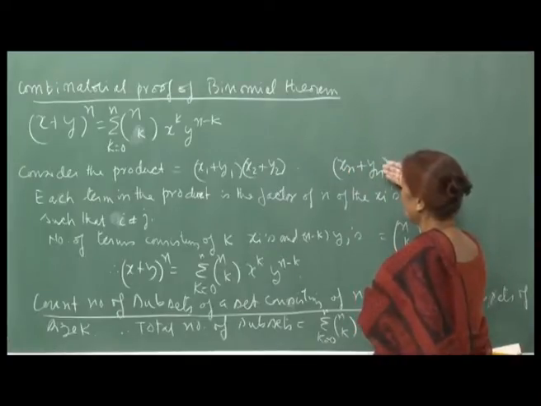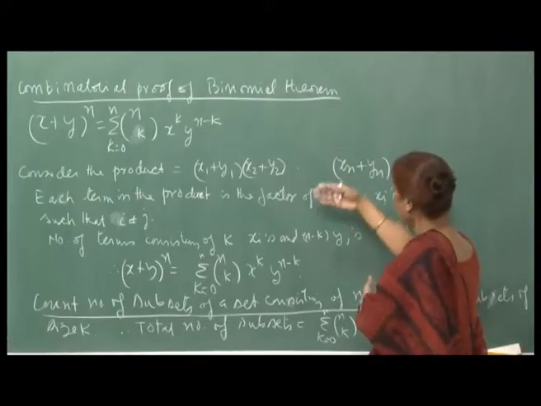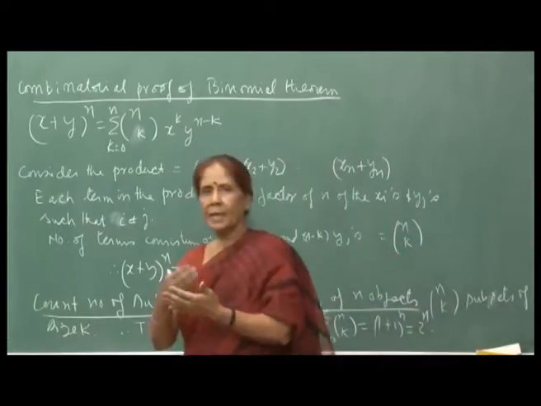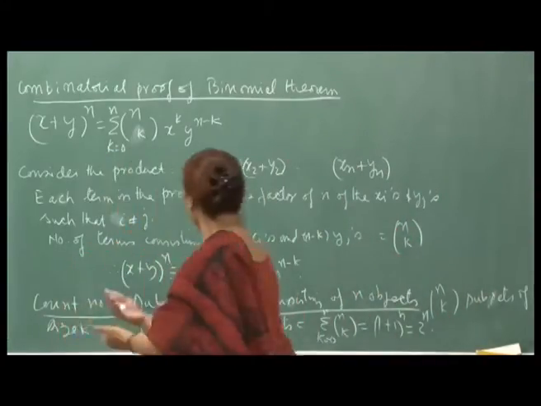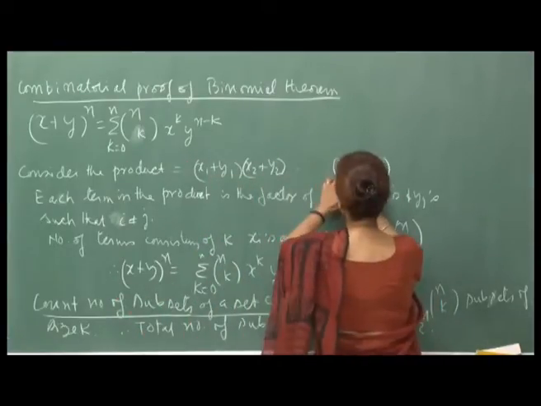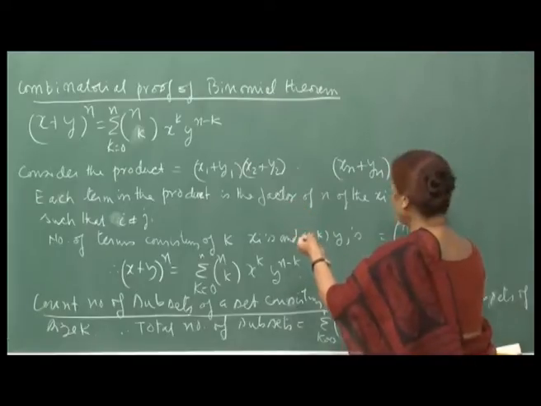Each term in this product has n factors containing xi's and yj's. So, if I am looking at all the terms which contain k of the xi's, right, then that means out of x1, x2, up to xn, these n x's, I am choosing k of the xi's, right.